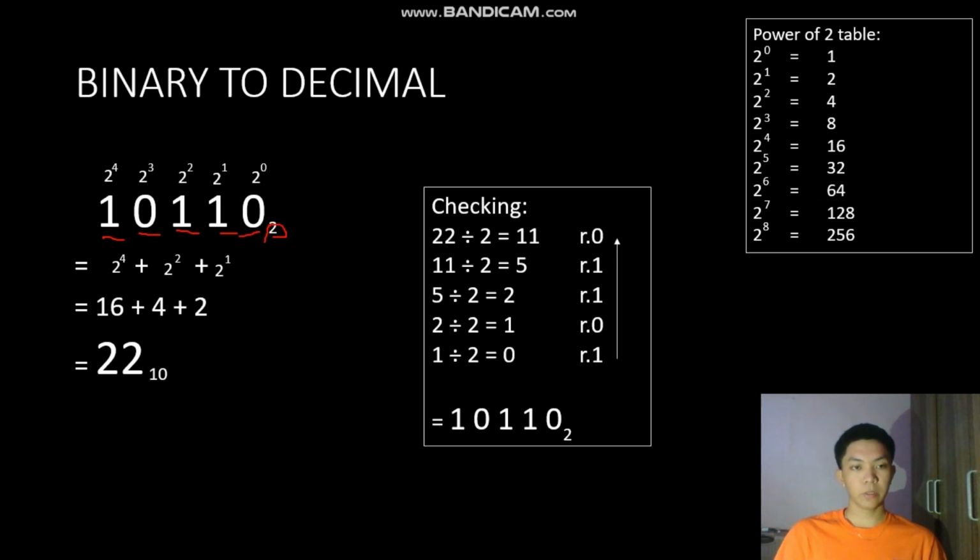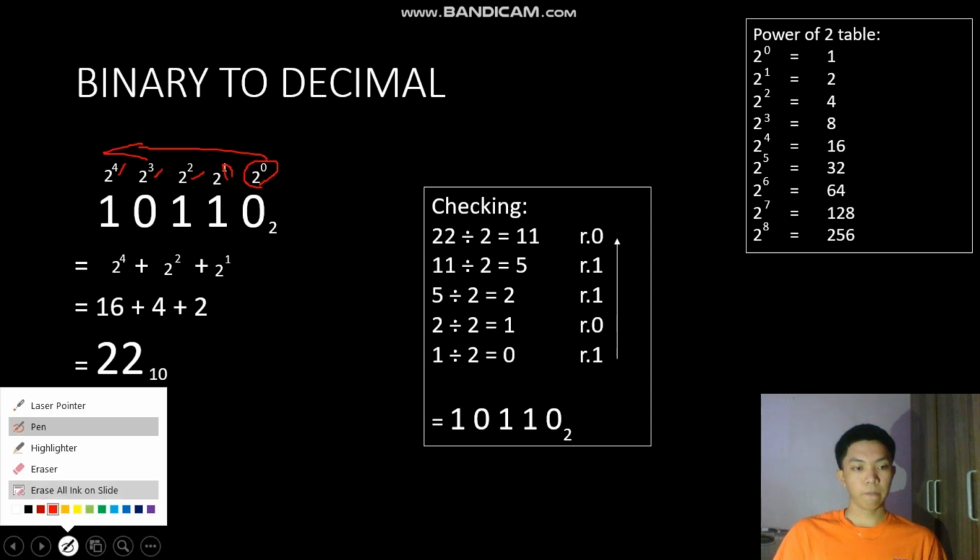First, let me erase this. First, we have to put this power of 2 table. Let's start from right to left. So let's start with 2 to the power of 0, 2 to the power of 1, 2 to the power of 2, 2 to the power of 3, and 2 to the power of 4, and so on.